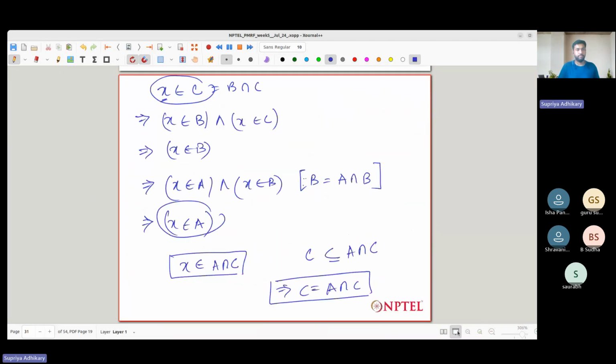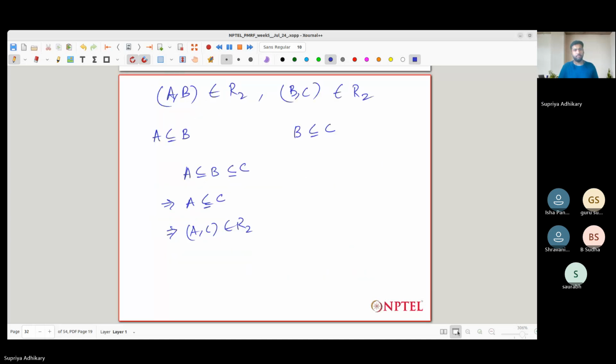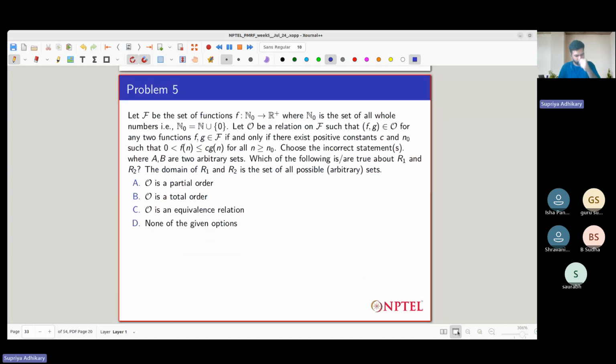Okay. So now we have problem 5. What we have here is a set of functions f, where N0 is taken as the set of all natural numbers, including 0.